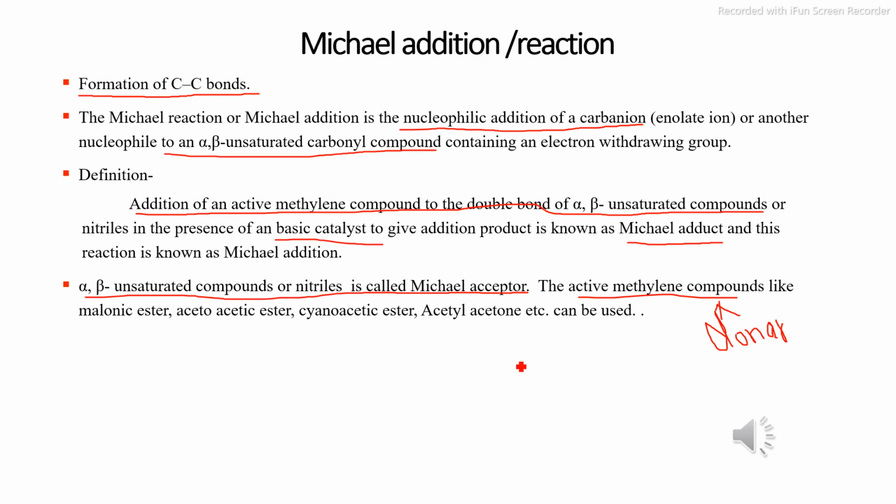etc. can be used. The next question arising in our mind is what is meant by active methylene compound. Methylene compounds are compounds containing the methylene group, that is the CH2 group.